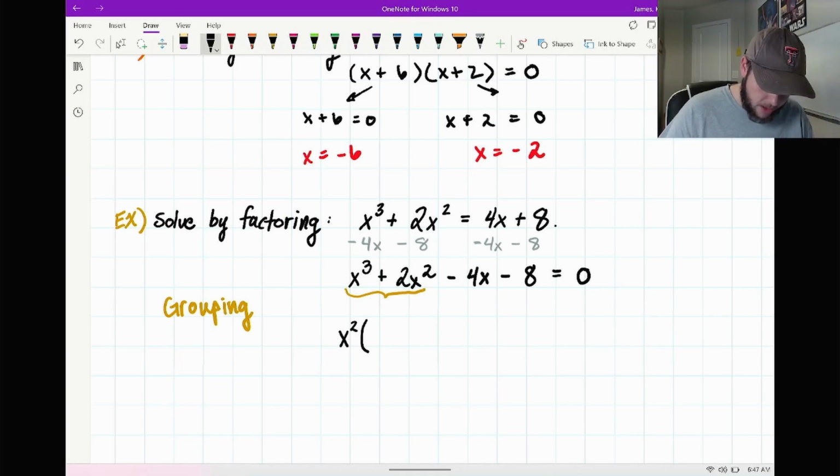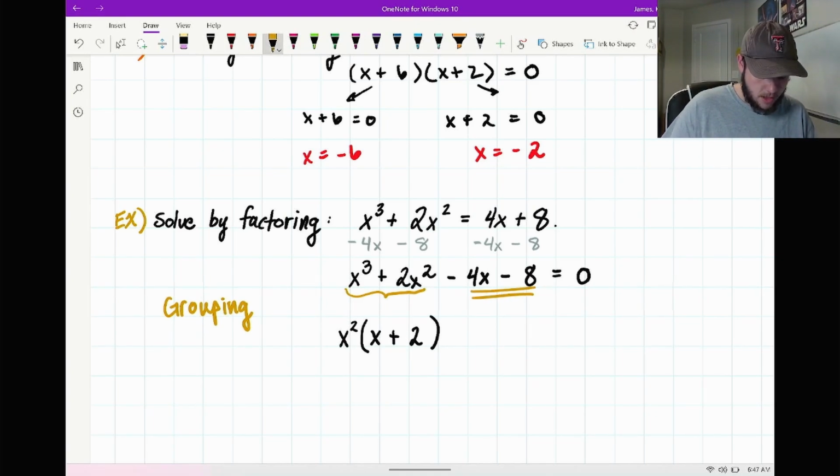And what I'm left over with is x plus 2. Similarly, the next group has a common factor of -4. So I want to factor a -4 out of just the last two terms. And what I'm left over with is, again, x plus 2.